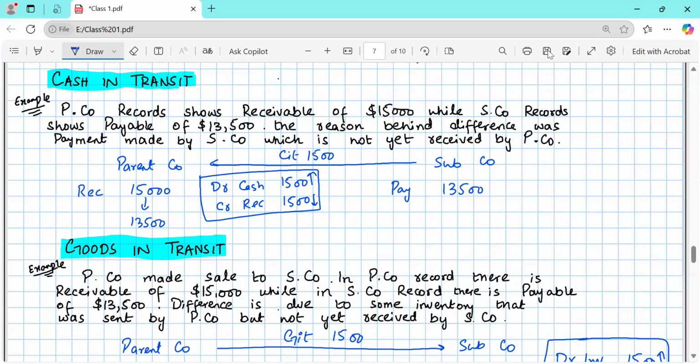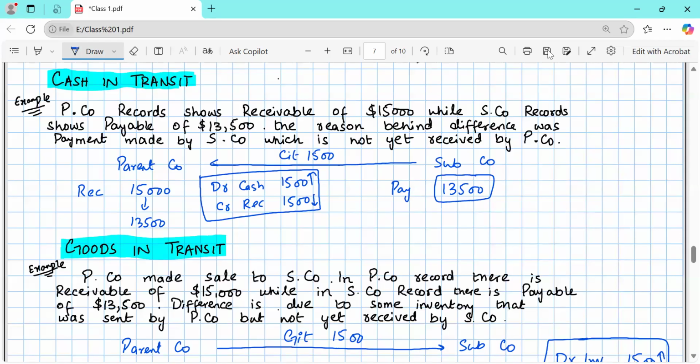We should just watch who pays, who has transferred the goods, right? That company's record will be correct, and that will be the intercompany balance. Like in this question, 13,500 was the intercompany balance, not 15,000. So sometimes the examiner doesn't give you the current account balance of the other company.